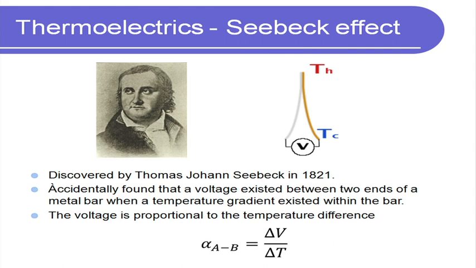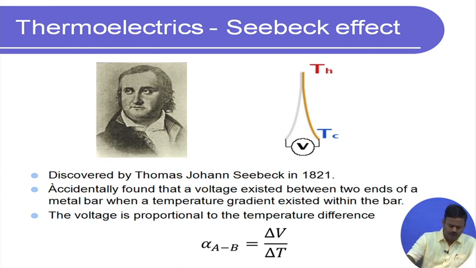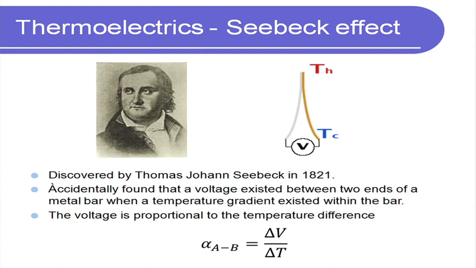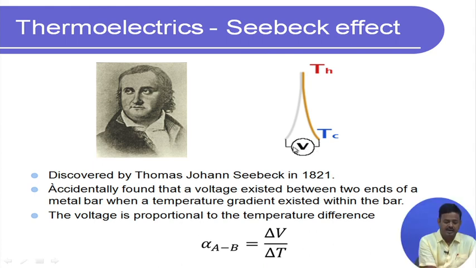And he worked on this finding a lot, and what we know as the Seebeck effect today is that if you have two dissimilar materials that are used to make two junctions and one of them is kept at an elevated temperature and the other at a lower temperature, then we will get an EMF or a voltage across the materials, right.